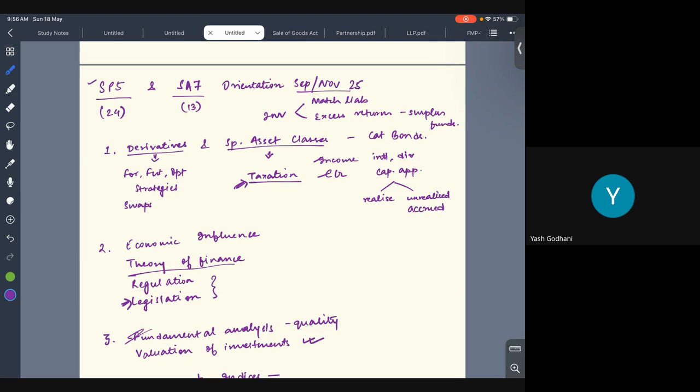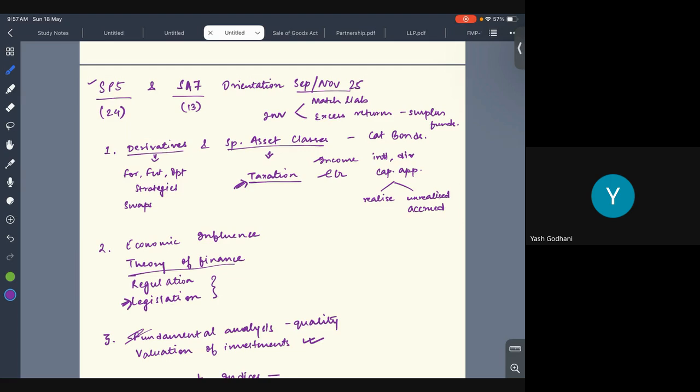From IFoA, yes, IFoA is running now, June, July, August. It depends on how much of CS2 you have completed, and also depends on what other commitments you have, if you are working and if you have college exams and something else. CP2, modeling. Yes, then you can definitely appear for SP5. Or if you have any other paper left, then you can also discuss that and see if you want to appear for anything else.